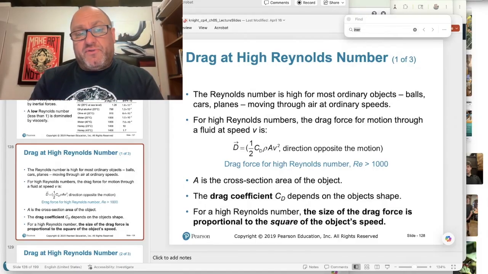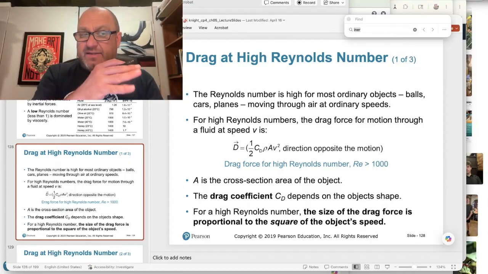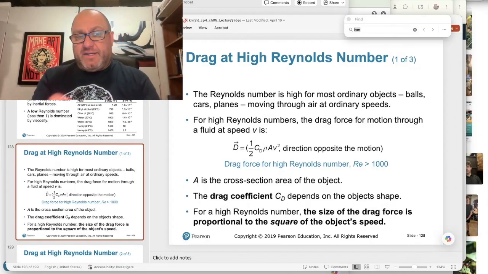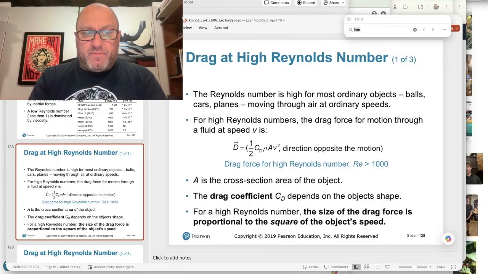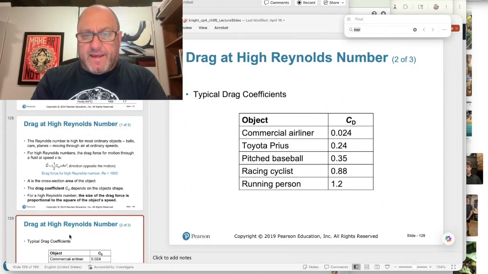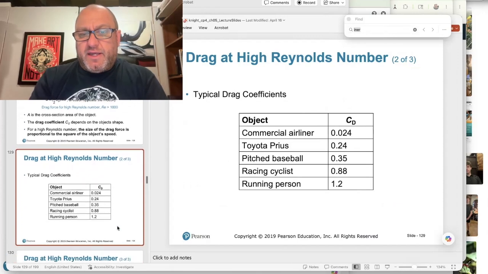Now, the coefficient of drag is unique to each object, and it depends on the shape of the object. It's something we probably need to look up. For example, here are some typical values of a coefficient of drag.